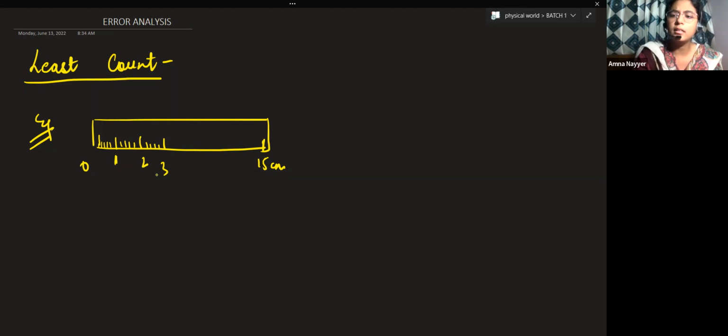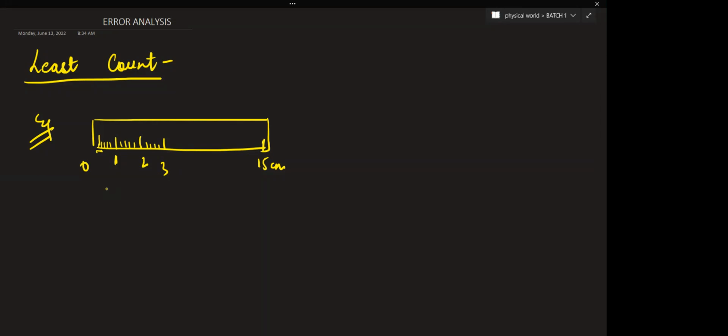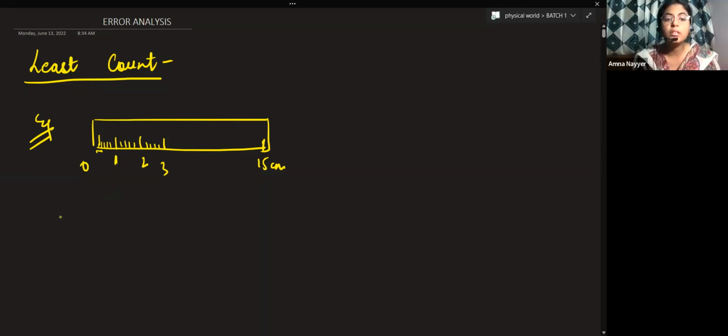If we look at it, we are able to see it still measures an amount less than 1 centimeter. That is 1 millimeter, this very small calibration. Now, can it measure less than 1 millimeter? Yes or no? No, ma'am. It cannot measure. The reason for this is the least count.